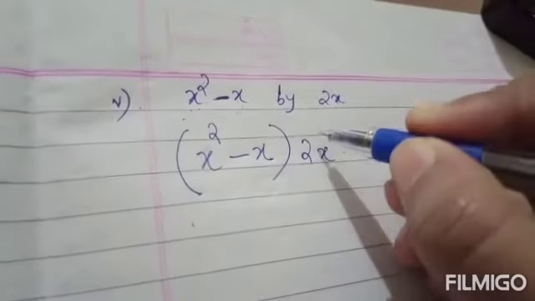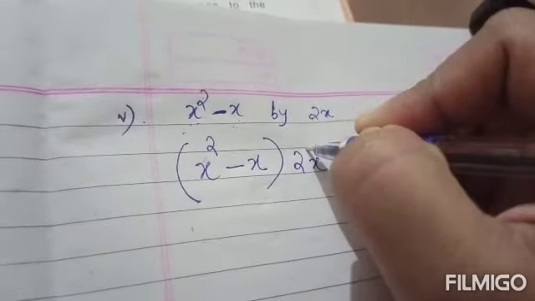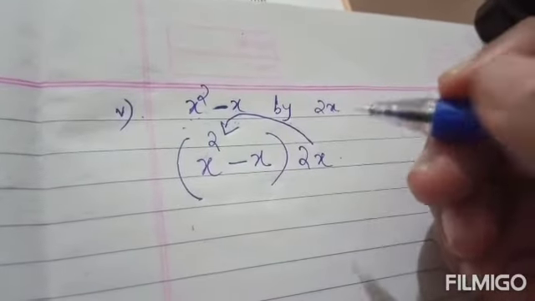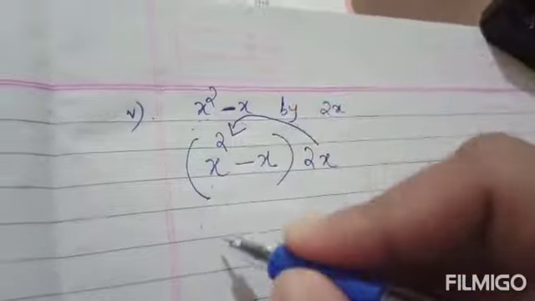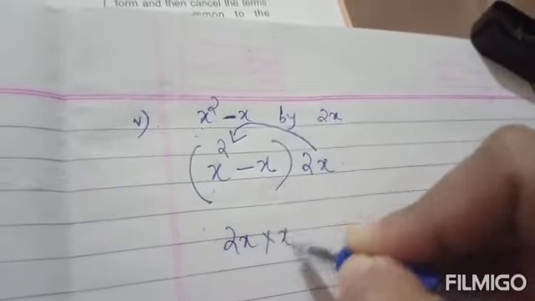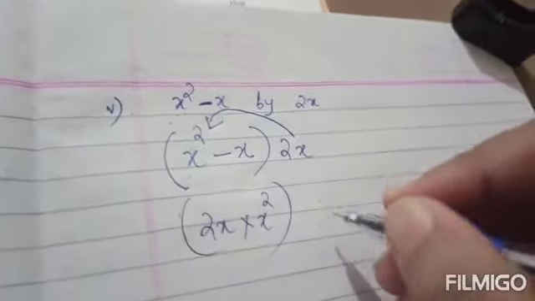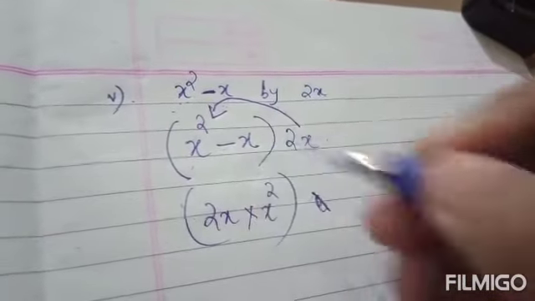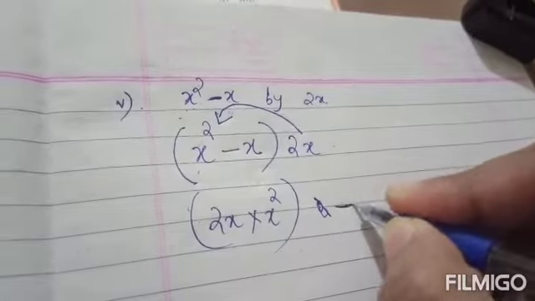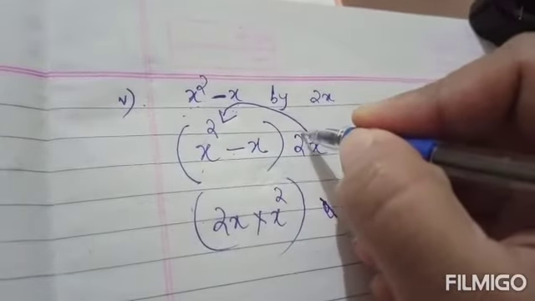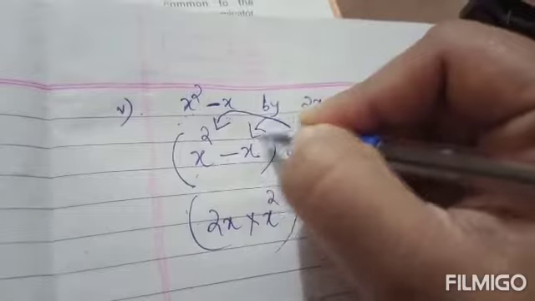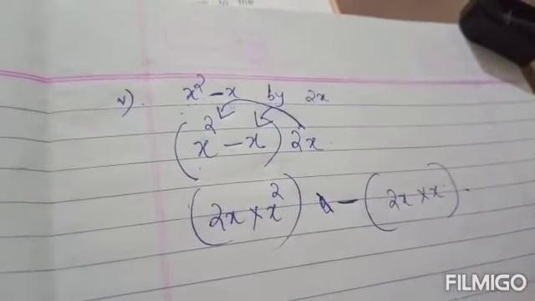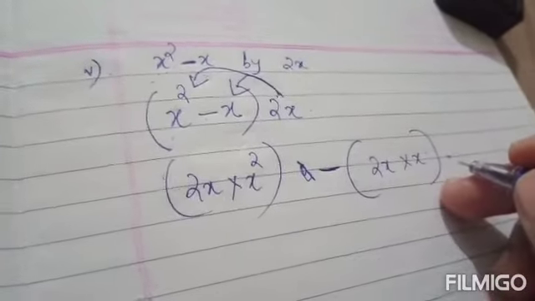Multiply this monomial by all the terms of the binomial. So first 2x into x square, in one bracket. Here the sign is minus, so minus, next 2x into x. You can put that in another bracket.